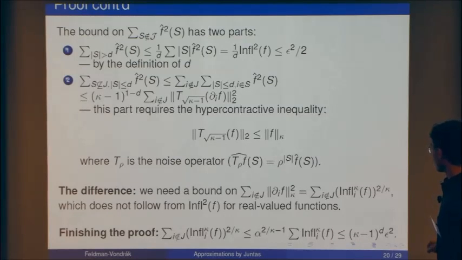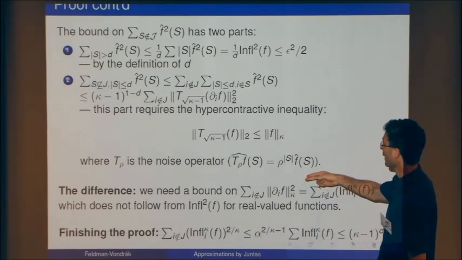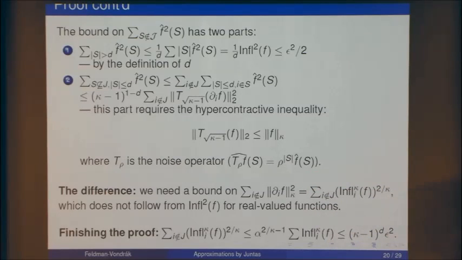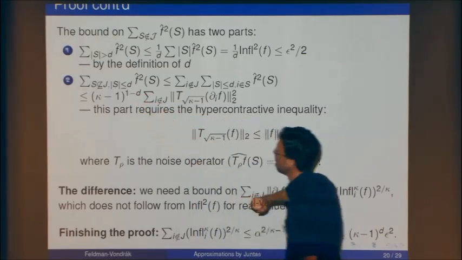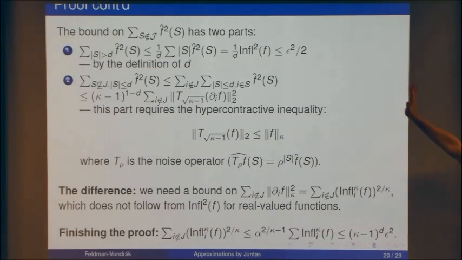And if you just assume that, let's say, the influences raised to the power of 4/3 are small, that's enough to make it work. Just one more point. Why does it depend exponentially on the L2 influences? Because that comes from D. D is the degree above which we kill all the coefficients.